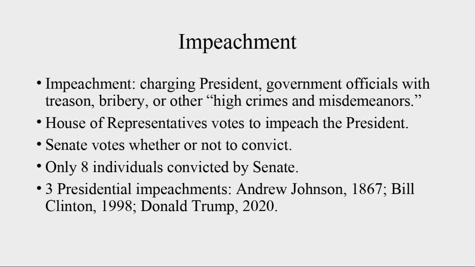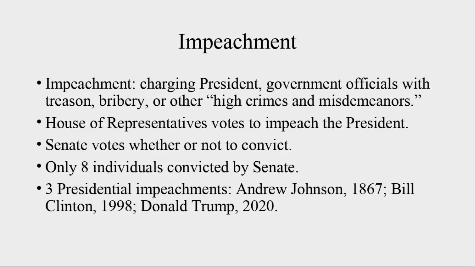Congress also has the power to impeach. What this is essentially is charging a president or a government official like a federal judge or a cabinet secretary with treason, bribery, or what the Constitution says are high crimes and misdemeanors.